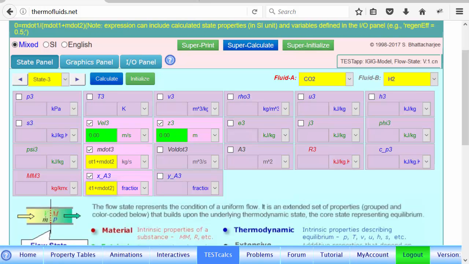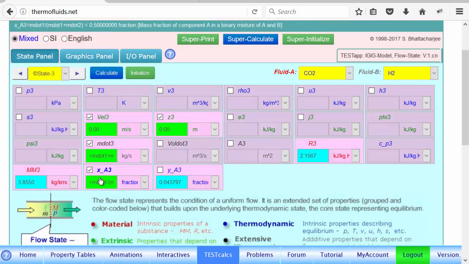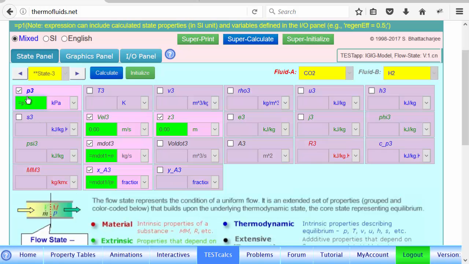I could just write down 0.5. We know the mass fraction will be 0.5. So if we know just the mass flow rate and the mass fraction of CO2, that's not enough to find the state. We also know the pressure is constant, P3 equals P1 or P2. That's also not enough. So we use the fact that it's an adiabatic mixing.